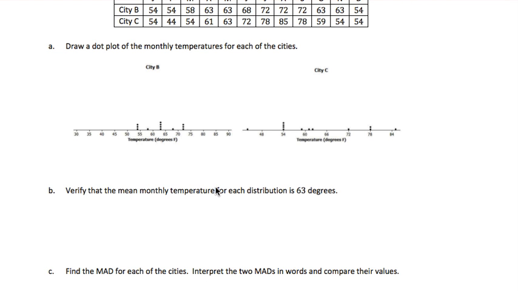Next, we'll verify that the mean monthly temperature for each distribution is 63 degrees. In order to verify that, what we're going to do is add all of the temperatures for a particular city and then divide by 12, which is the number of temperatures we have in the table.